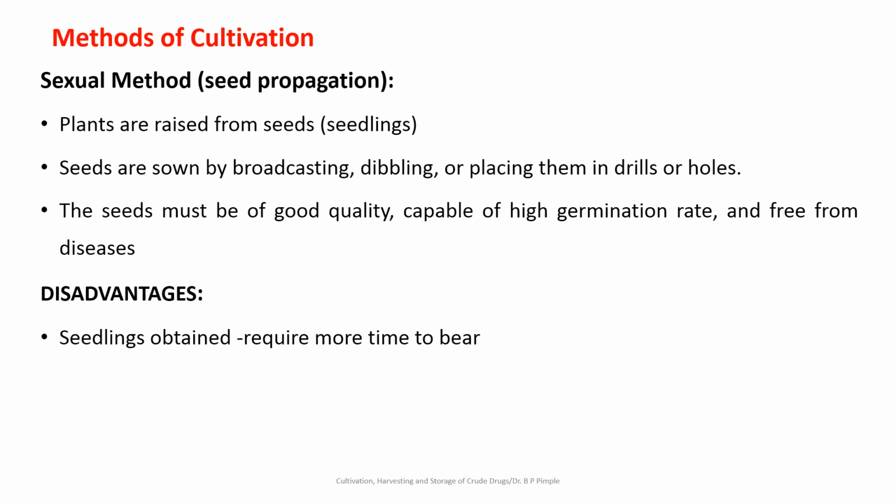The reason for this is that more time is spent on germination. It takes sometimes 5 days or 15 days for a seed to germinate. Later, after 15 days, it will develop into a seedling up to a height of 1 meter, sorry, 1 foot. Now that will take some extra time of 1 month or so. So the entire 1 month or 2 months are wasted, and thereafter the plant bears fruit.